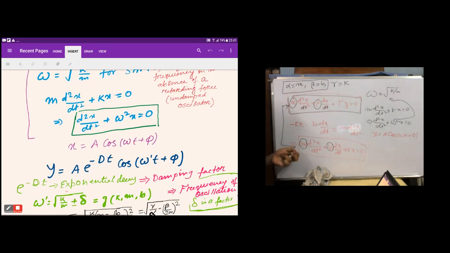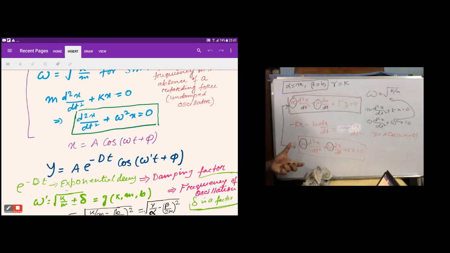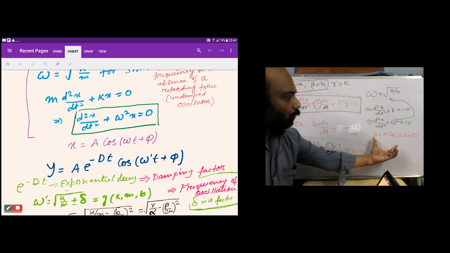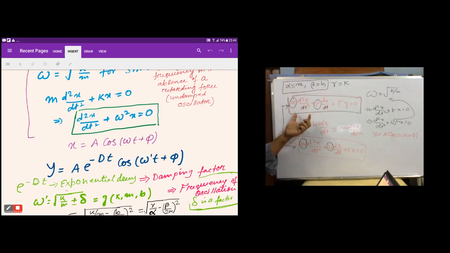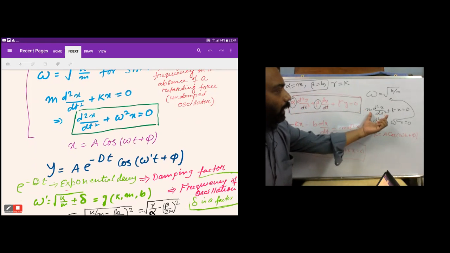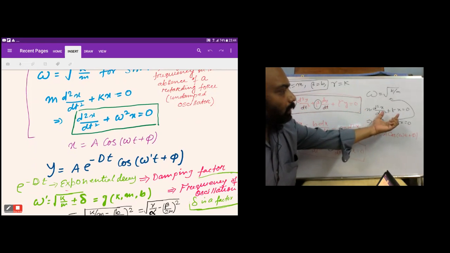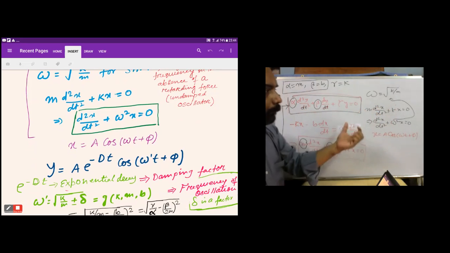Now, since the given equation is a damped one, its solution should have some sort of damping parameter with the simple harmonic motion solution. The equation m d2x by dt square plus kx equal to 0 is the equation of motion of a simple harmonic motion.